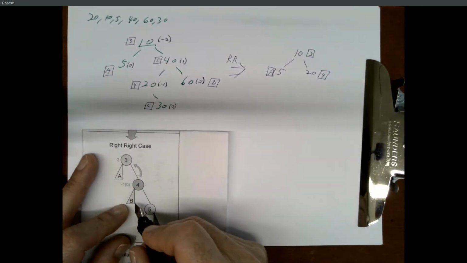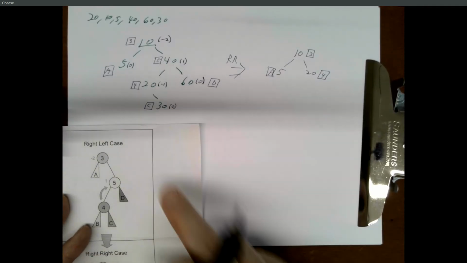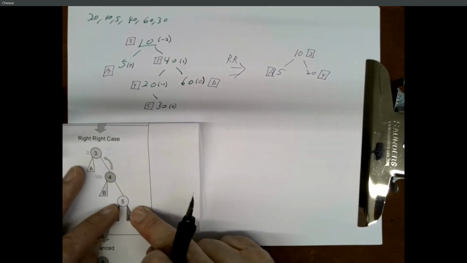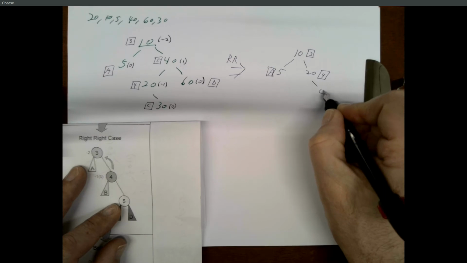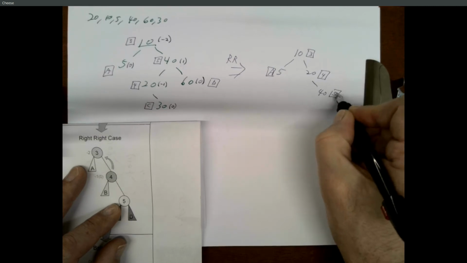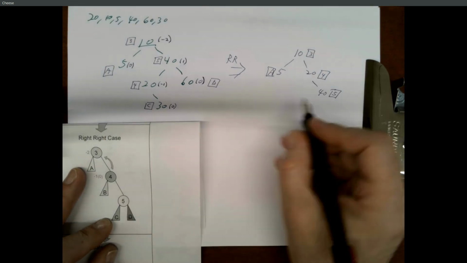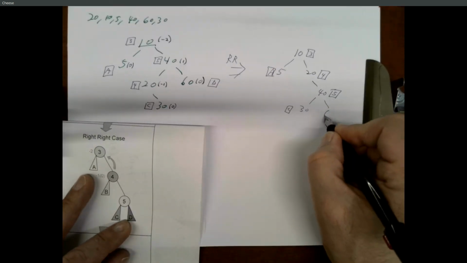The left child of 4 is going to be subtree B. Subtree B is null, because that would have been the left child of 20. So there's nothing on the left of 20. The right child of node 4 is node 5, which is the 40. So that's node 5. And then 40 picks up C on the left, that's the 30. And it retains D on the right, that's the 60.